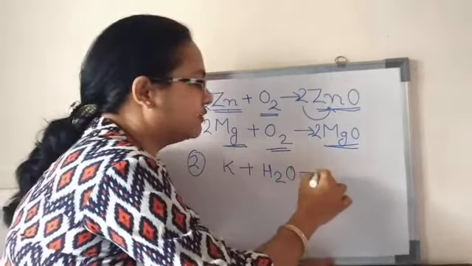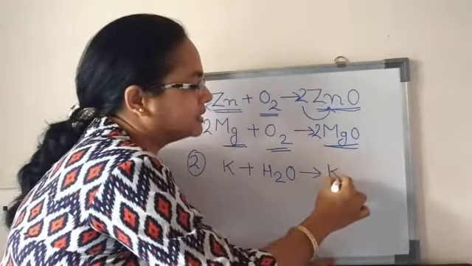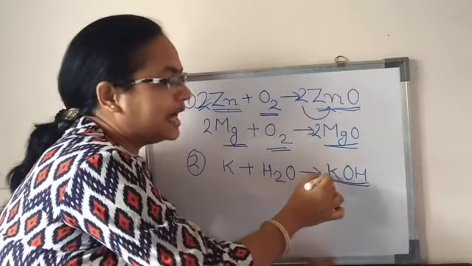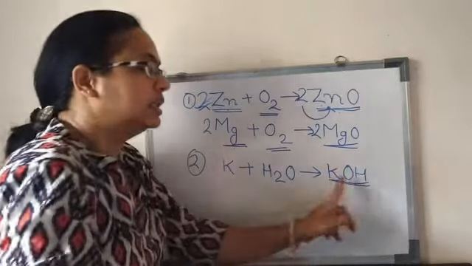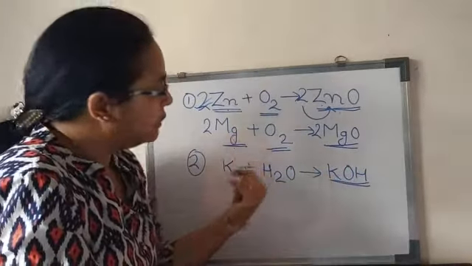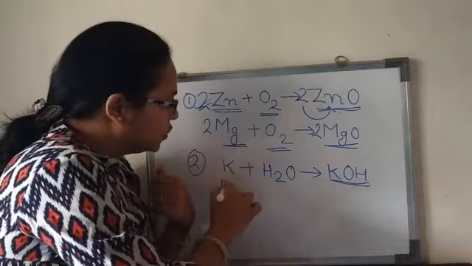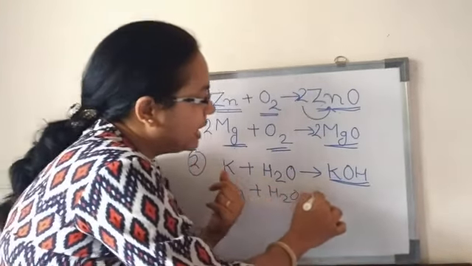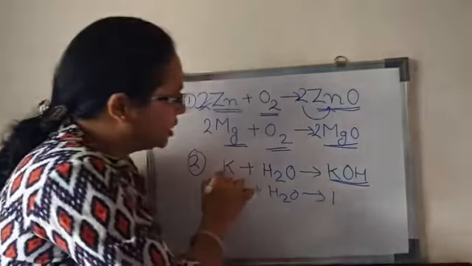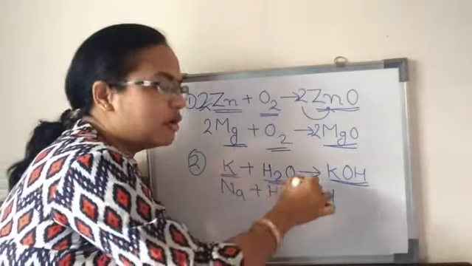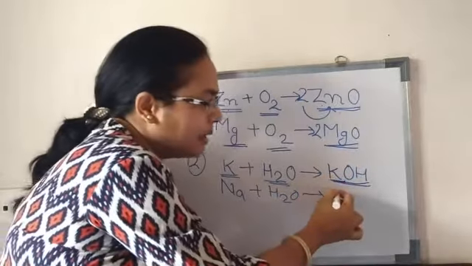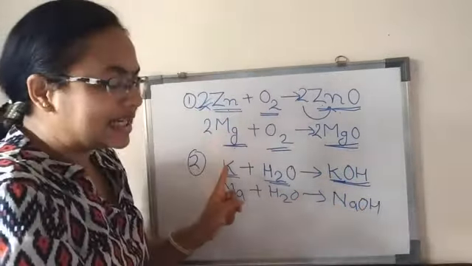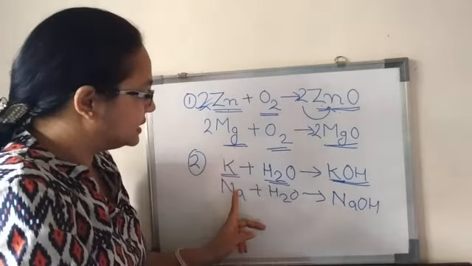After reaction it forms potassium hydroxide, which is KOH. So this is the hydroxide of the potassium. If you change it by sodium, it forms the hydroxide of sodium. So the reaction of water with the metal forms hydroxide of that metal. So these are the examples which we have discussed here.